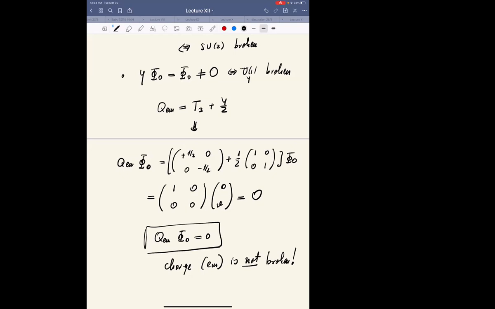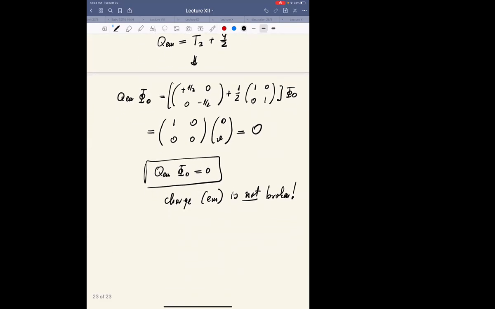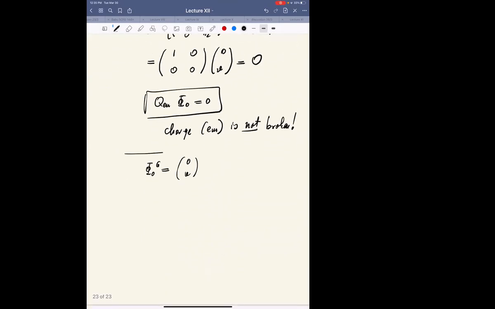Now, I have a question for you. This is a question you should ask me, but I have a question for you. I still have a few minutes. That's because we took phi_0 Goran as (0, v). But now you are saying, why don't we take a different one, which is (v, 0)?